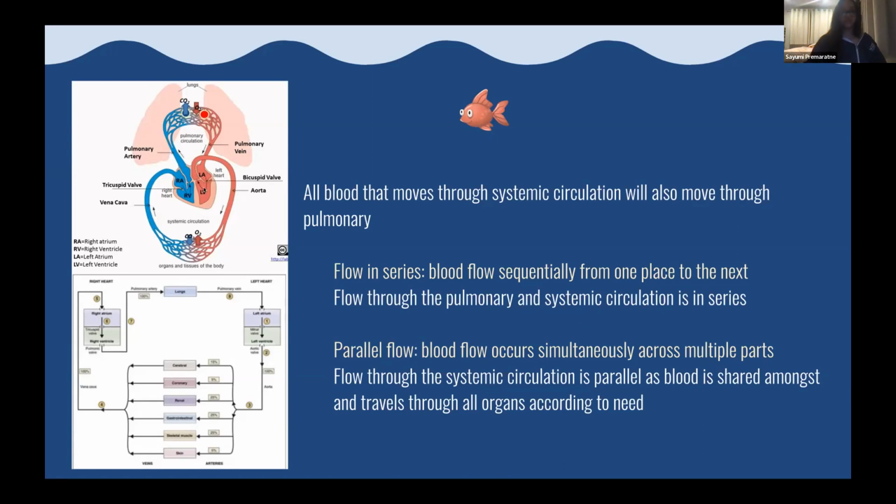So the flow from the pulmonary circuit to the systemic circulation is in series because it's going from the systemic into the pulmonary or from the pulmonary into the systemic. Whereas the blood flow that's happening in your body, so in the systemic circulation, is parallel because this blood is going into all the tissues in your body at the same time.